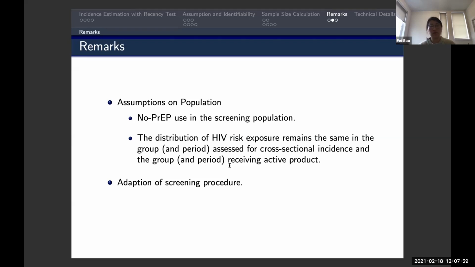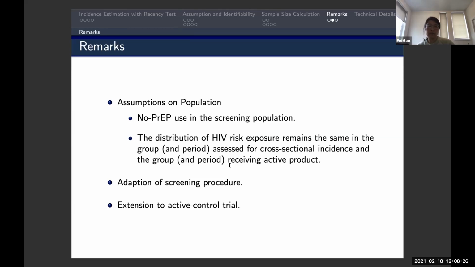But here, this proposal is quite novel in that we not only care about HIV negative subjects, but we also care about those HIV positive subjects in the screening population. Therefore, the existing screening procedure may need to be adapted a lot, to capture, unbiasedly, those HIV positive subjects in the screening population.